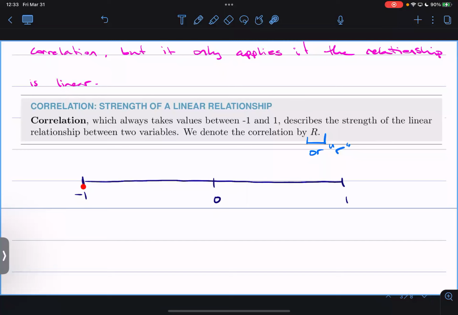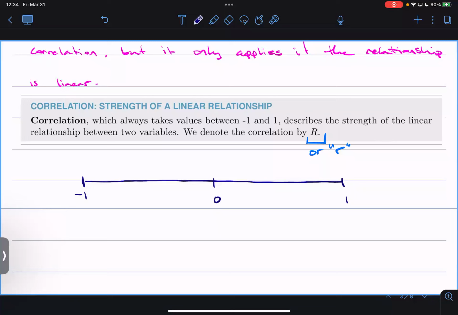So you've got a negative, perfectly linear, meaning they're all on the same line. And on the opposite end, a correlation of 1 means that all the points are on exactly the same line.